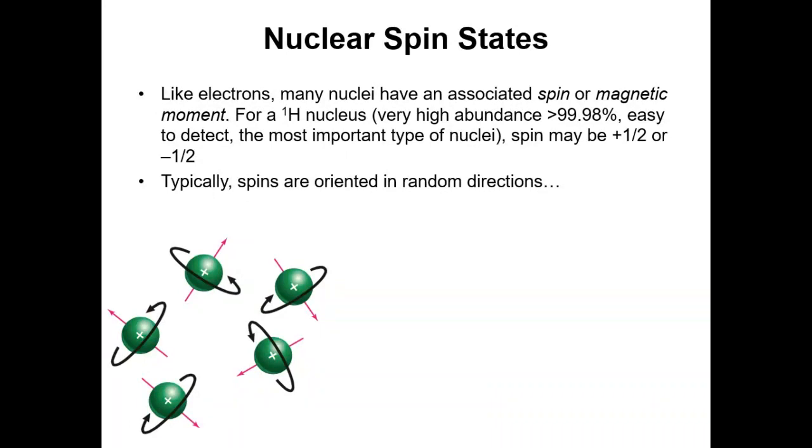Do you see the picture here? This spinning nucleus creates a magnetic field parallel to the spinning axis, and each spinning nucleus behaves like a small magnet. Its orientation is random, it could be any direction.